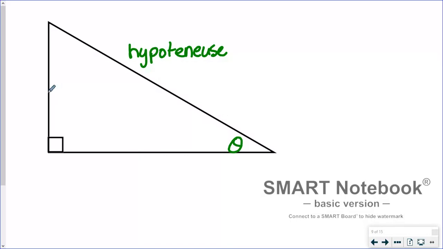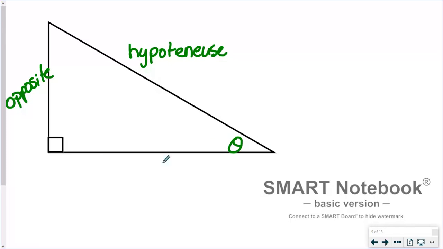Now, what would this side across from the angle that I'm referring to be called? You guys don't remember anything from geometry. This is the opposite side because it is opposite of the angle that I am referencing.